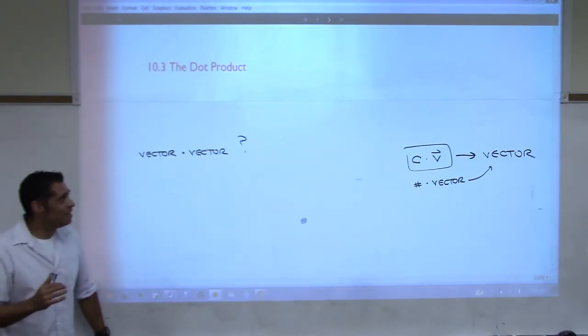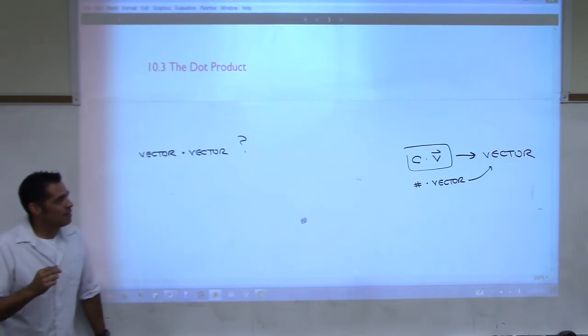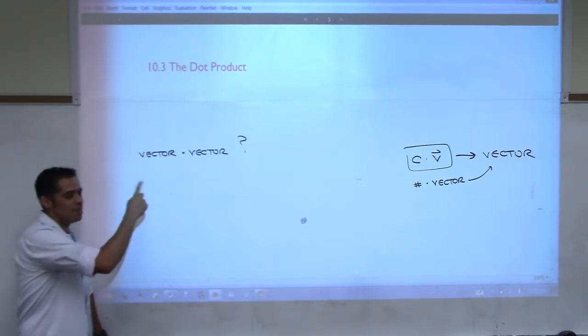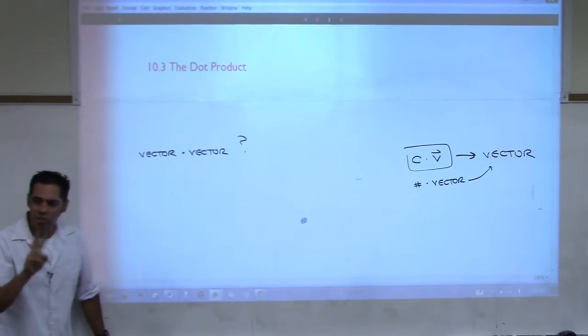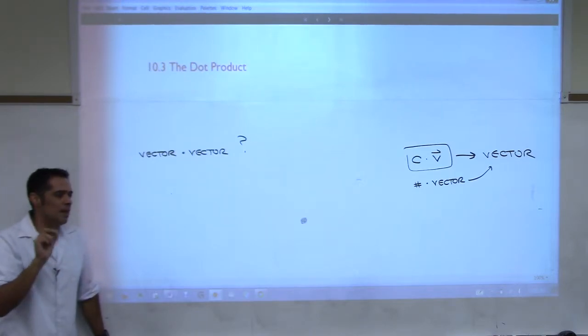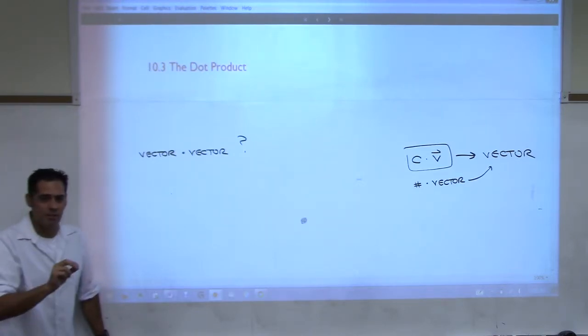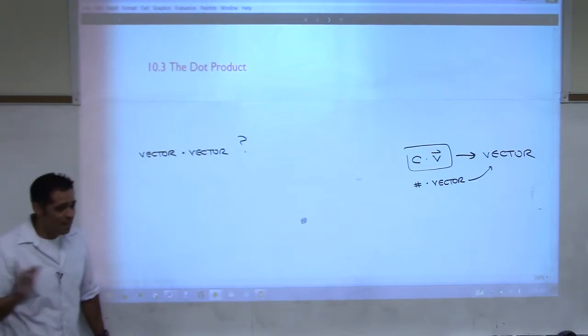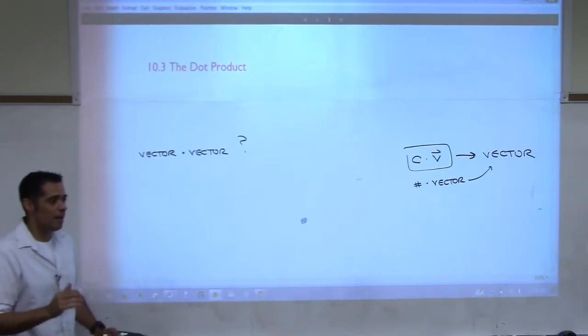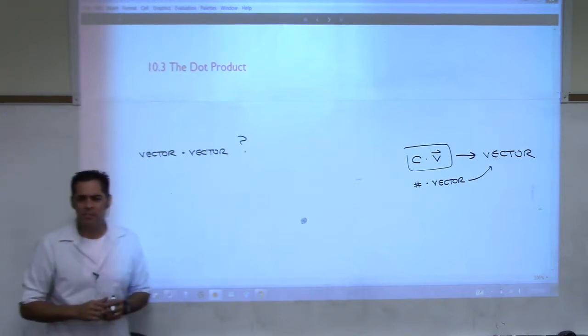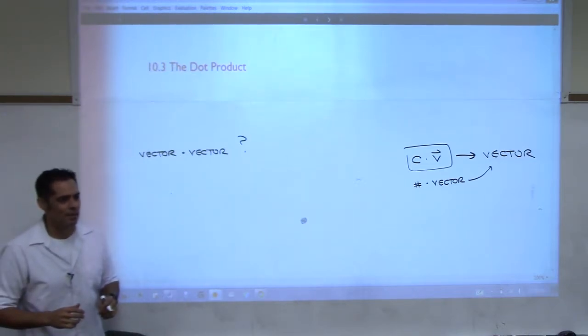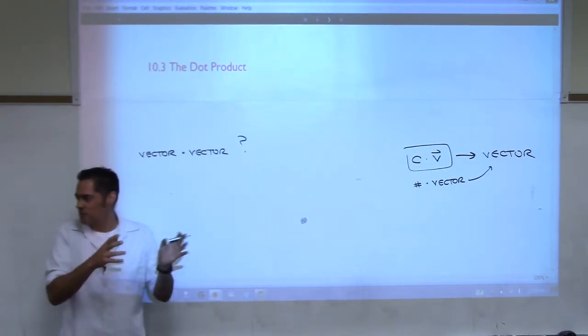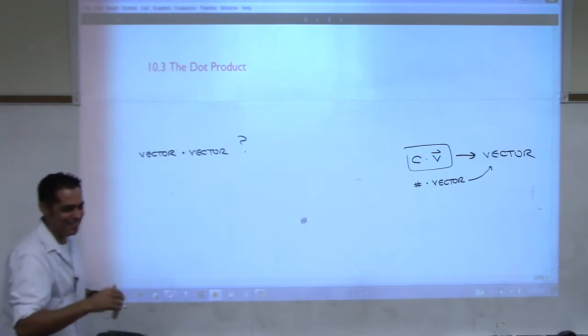Well, it turns out that in mathematics, when it comes to vector times vector, we have two standard definitions. Now, this is not the same in math the way you've learned it, right? When I say 4 times 8, you don't ask me which times are you talking about. We all understand 4 times 8 is, what, 32 or something like that.